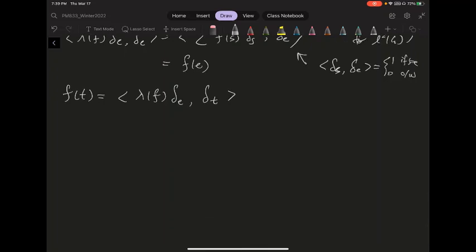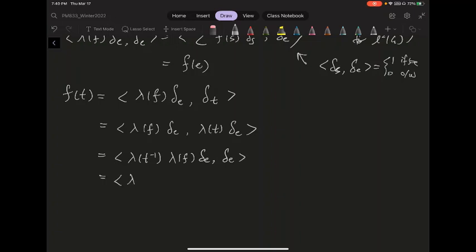You can treat this as lambda f applied to delta e, inner product with delta e shifted by t, this unit vector. And what you can do is move the lambda t to the other side. So this is lambda t inverse. You can really treat it as a shift by t inverse, or think about it as the function which is only one at the t inverse coordinate. But in any case, you can rewrite it this way.